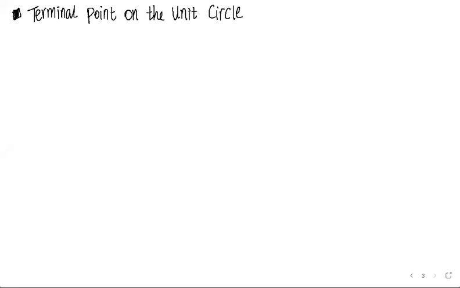So now let's go to the terminal point on the unit circle. First of all, before we start talking about the terminal point, let's know what is the distance around the unit circle.